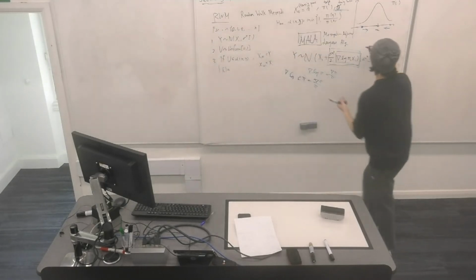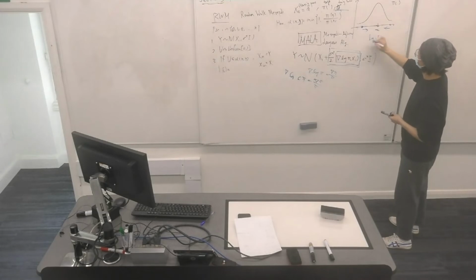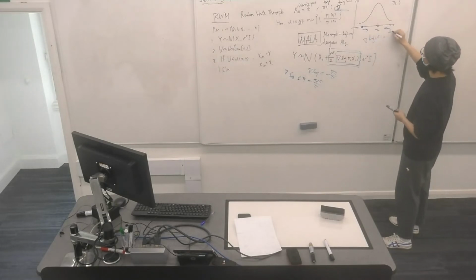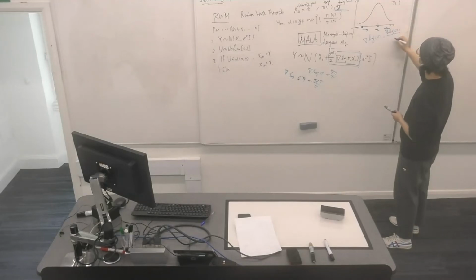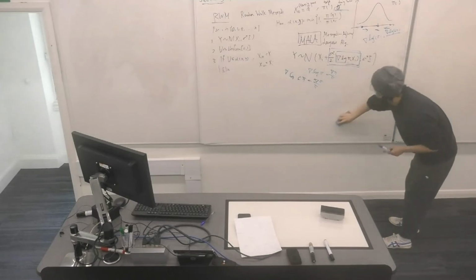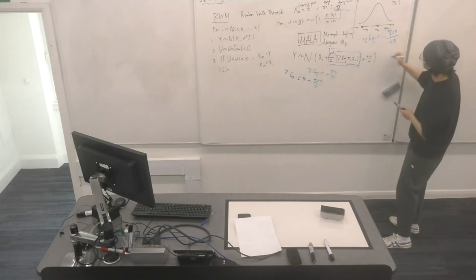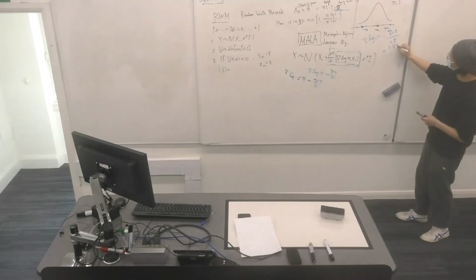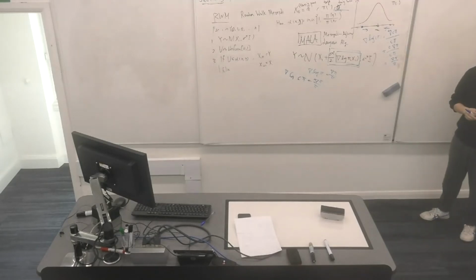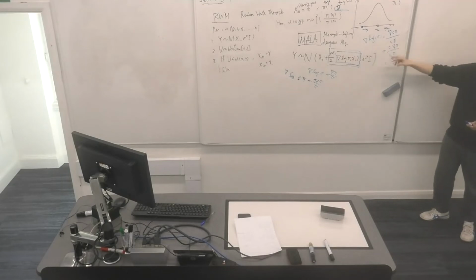Just do the derivation: the gradient of c pi over c pi, and c is a constant. So by putting the log term inside, we can disregard the constant factor.